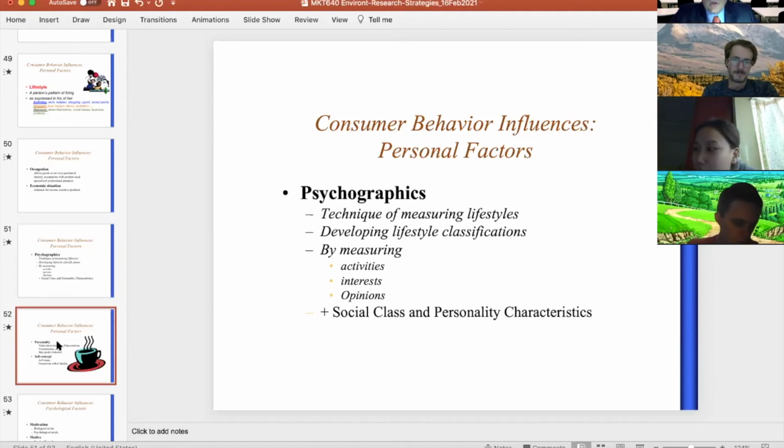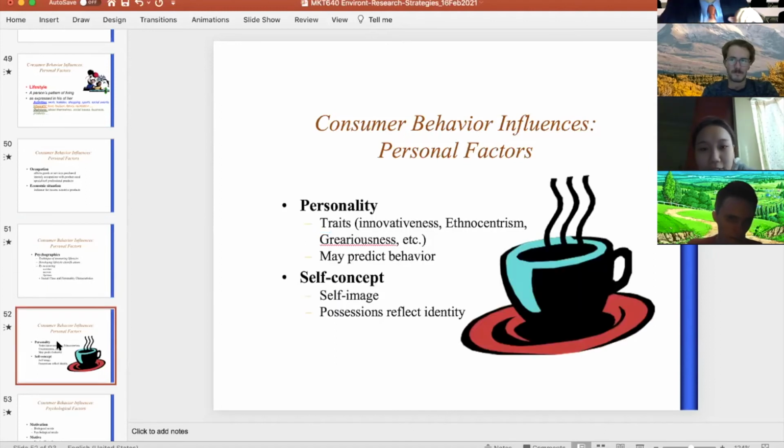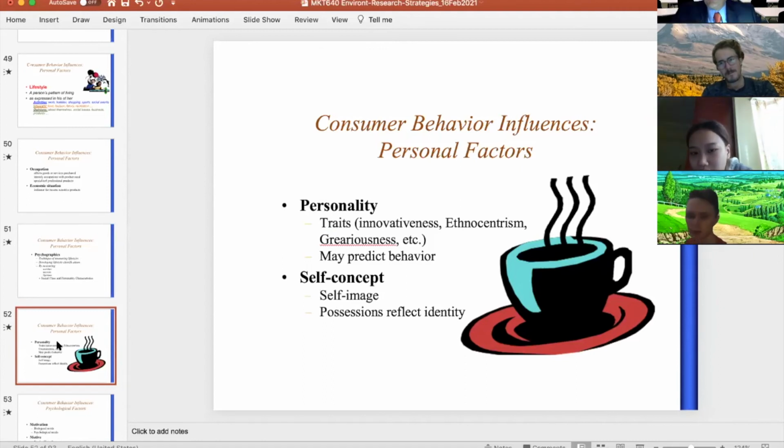So what are the traits of personality? I think we all wish to say that 50% or 90% of the decisions that we make are based on our personality, when in fact, our personality explains 10, 15% of what we buy. Most of the explanation comes from our culture, so the personality is very small, but it does play a role.